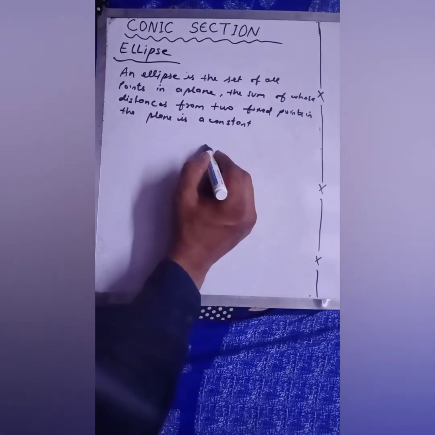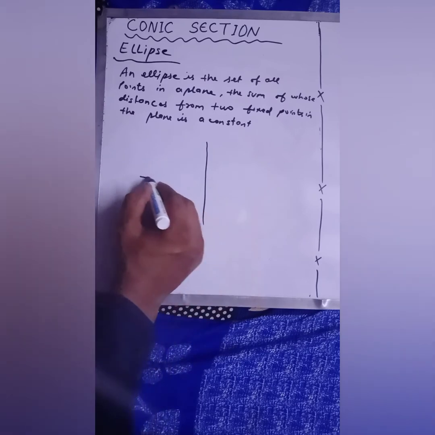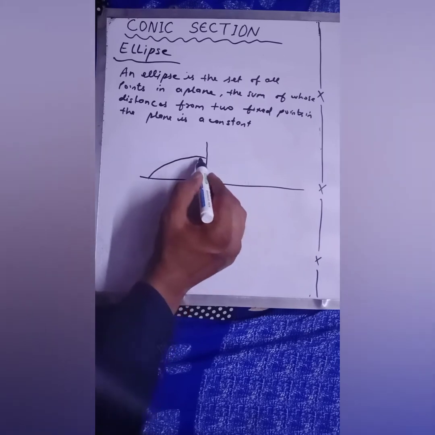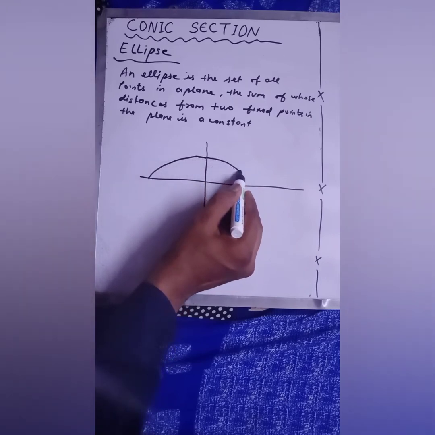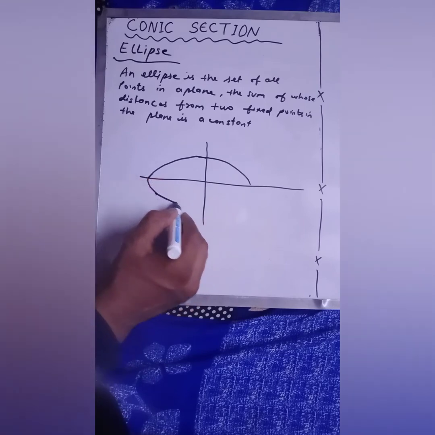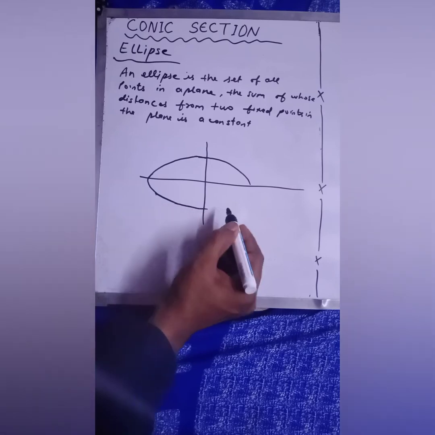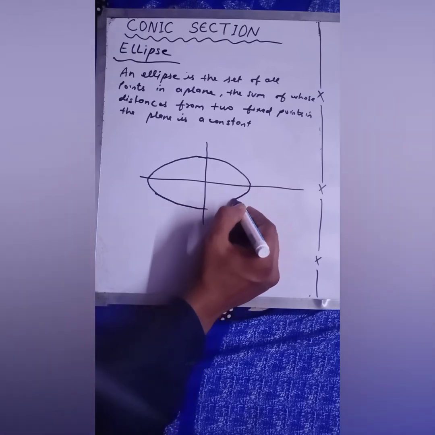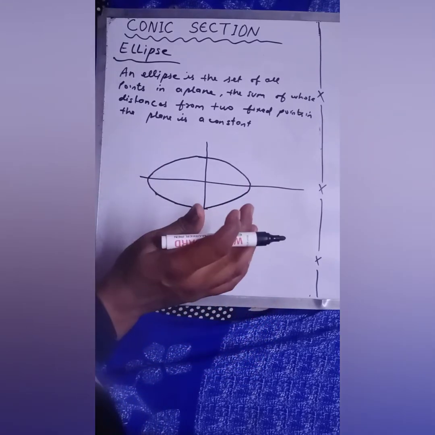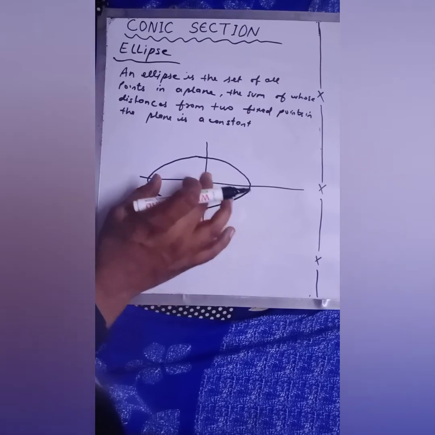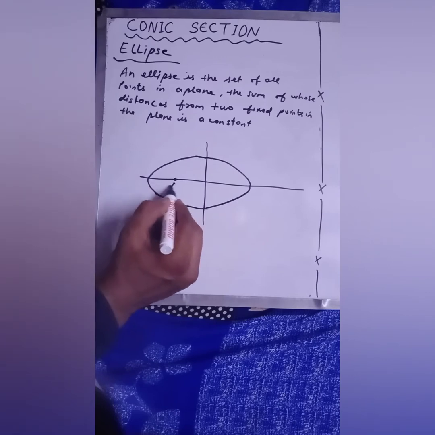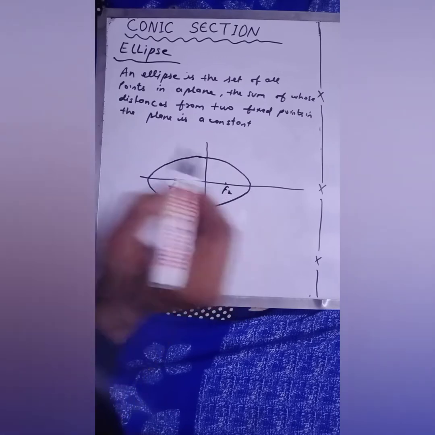See, this is the ellipse. So basically the meaning of this statement is that the ellipse has two foci, that is focus f1 and focus f2.